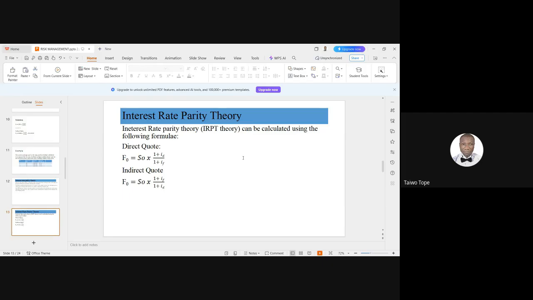The spot rate value, if you are using the home currency, the numerator will be what? The interest rates of the numerator will be domestic. If you are using the spot rate in terms of the foreign currency, the numerator will be what? The interest rates of the foreign currency.